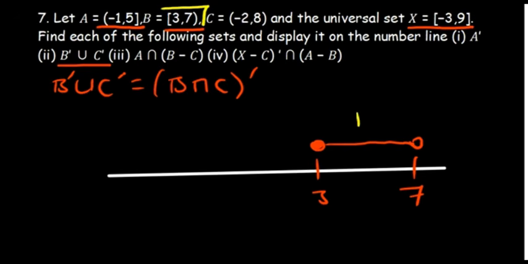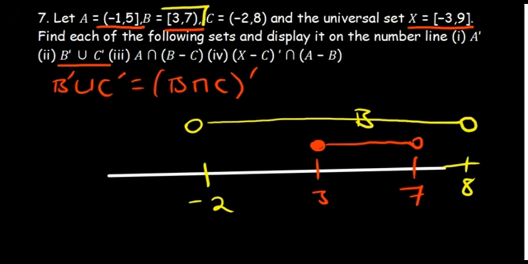So that is our B. Then for our C, we are moving from as low as -2 all the way up to 8. So we will not shade any side because both -2 and 8 are not part of the set.